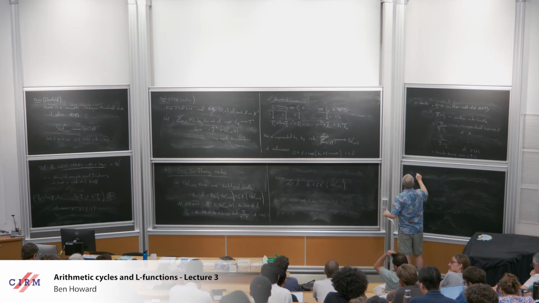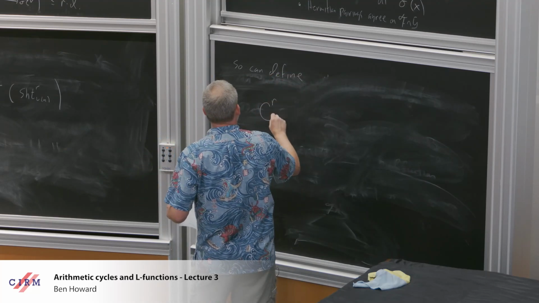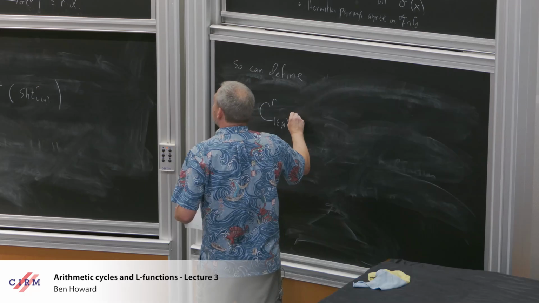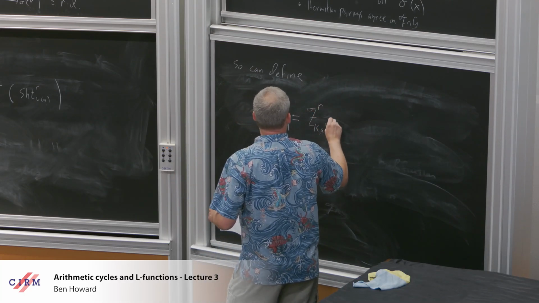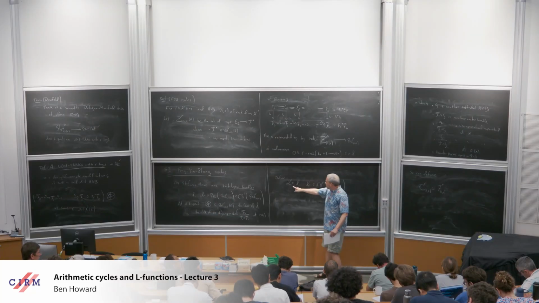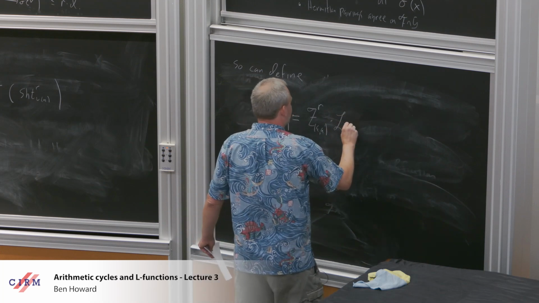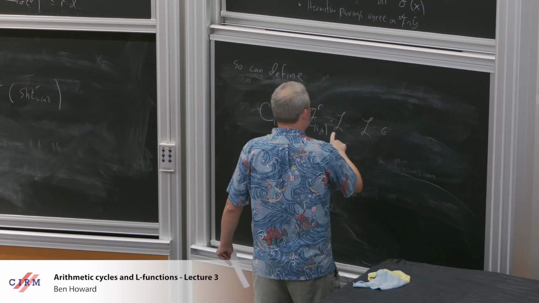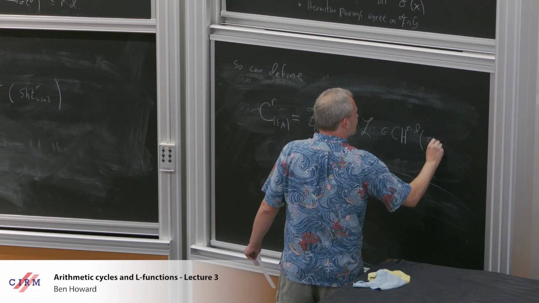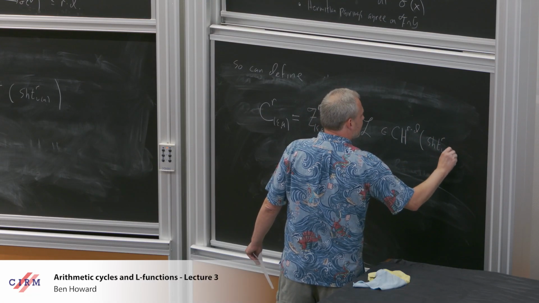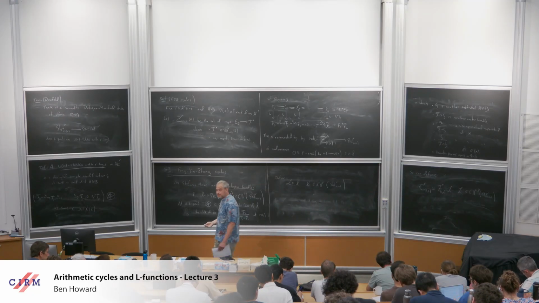So we can define a kind of corrected version, C_R,E, to be, you take this cycle, Z_R,E, and you intersect it in the Chow ring with enough copies of this guy to get a cycle of codimension R times D on the moduli space of shtukas. These are the analogs of the Kudla-Millson cycles.